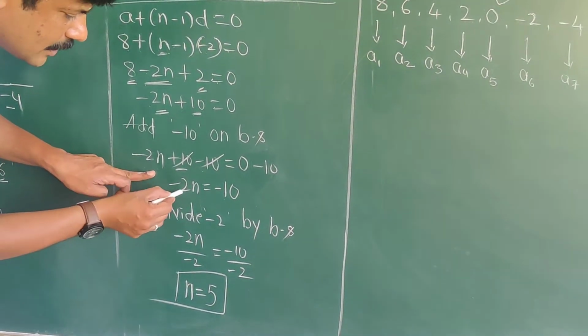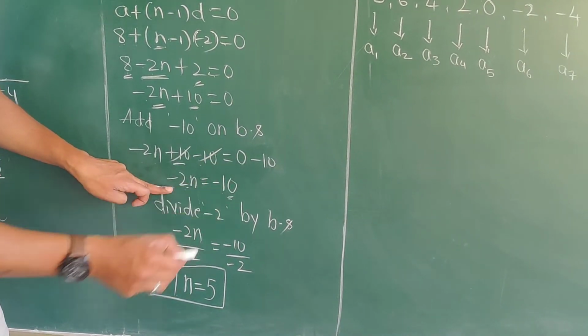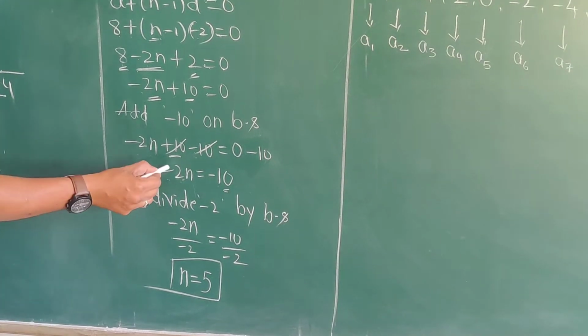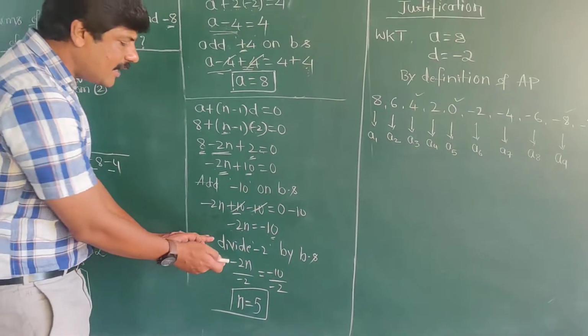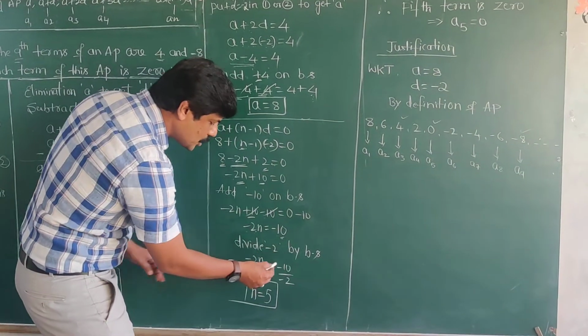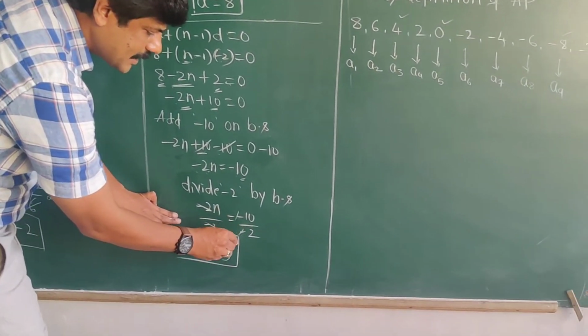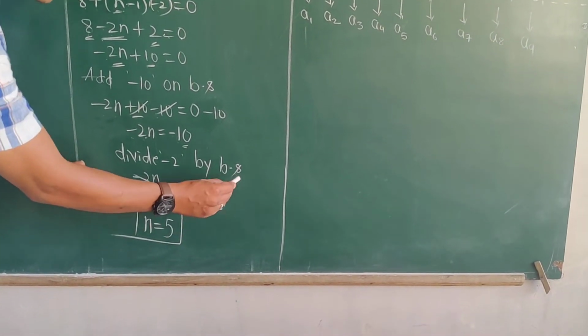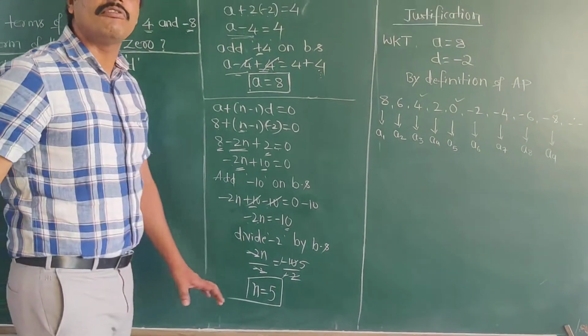What is remaining is minus 2n equals 0 minus 10, which is minus 10 itself. Okay, we have got minus 2n equals minus 10. Now we divide both sides by minus 2, so that minus 2 gets cancelled. Minus gets cancelled. 2 fives are 10. Thus we have got n is equal to 5.